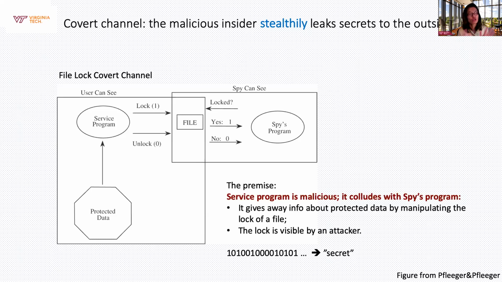Think of it this way: instead of calling the attacker friend outside saying, hey, by the way, today's PIN for this bank transaction is 1234, well, that would be too obvious. People would say, oh, you're a bad agent. So no, the insider would do it very secretly.